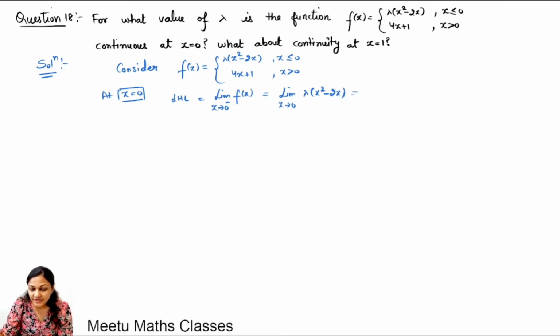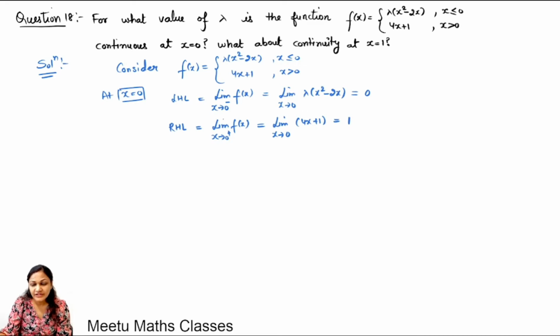So by direct substitution we will get left hand limit equal to 0, and for the right hand limit, the limiting value of your f(x) as x tends to 0 plus, and to the right of 0 your function is defined as 4x plus 1, and by direct substitution we will get right hand limit as 1.